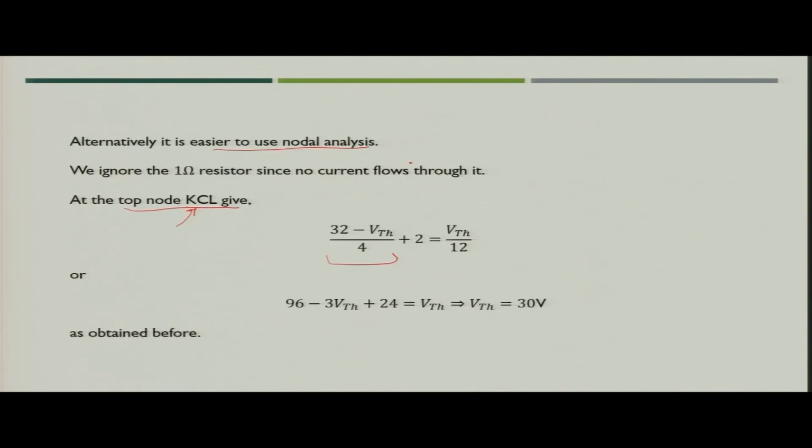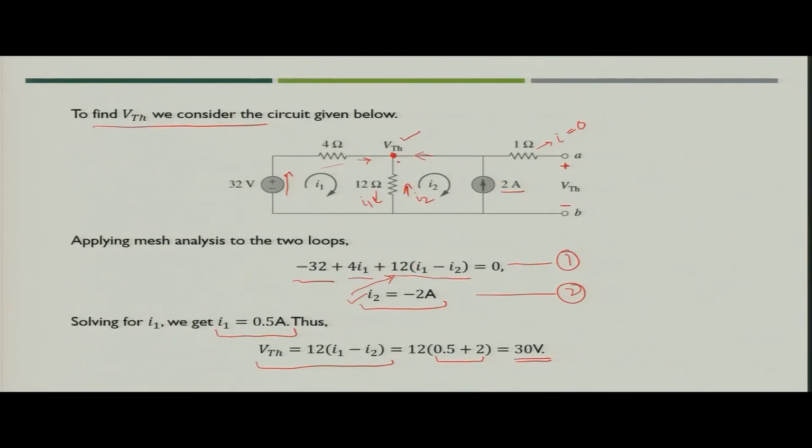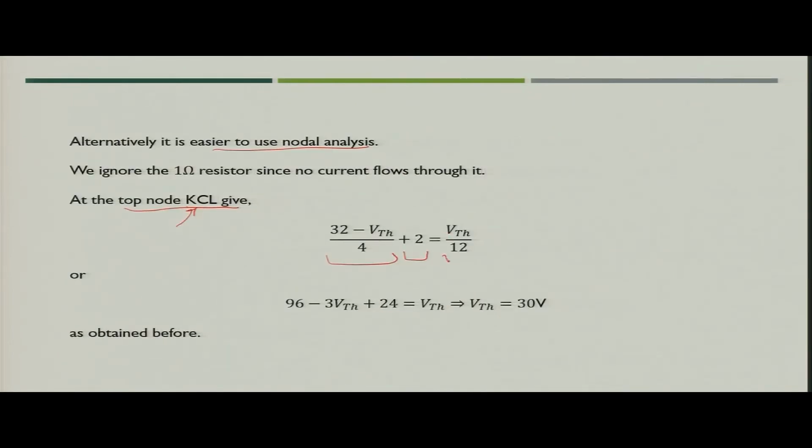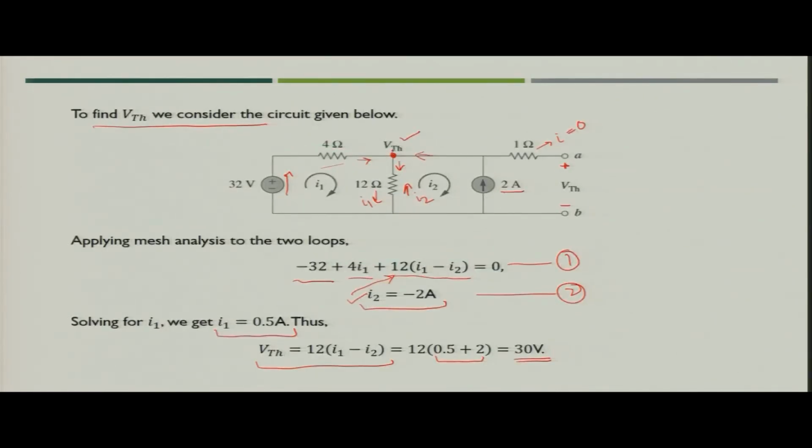So, you can simply put the value of 2 ampere. Third is the current which is flowing in this direction. The current flowing in this direction would be the sum of these two currents. So, finally, this would be equal to VTH by 12, because the voltage at this node is VTH and the resistance connected between the reference node and the node in question is 12 ohm.